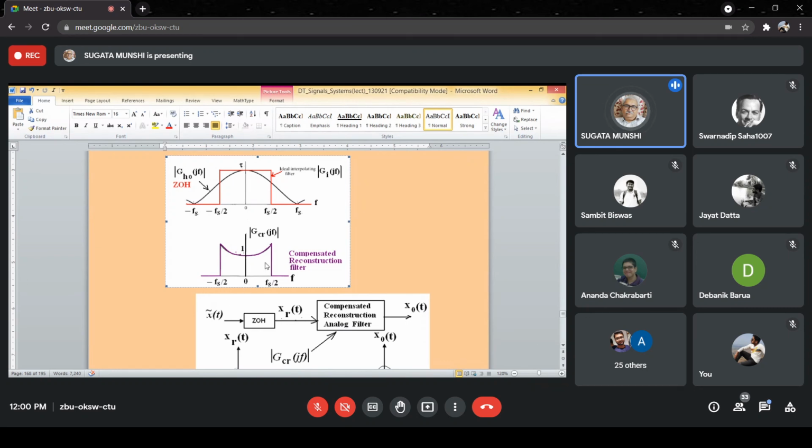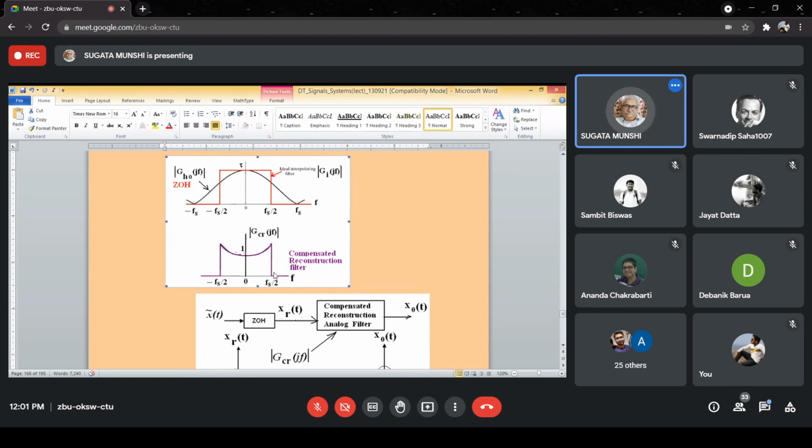So this filter, because we have assumed that the gain after fs by 2 will be 0, can completely bring about a compensation.